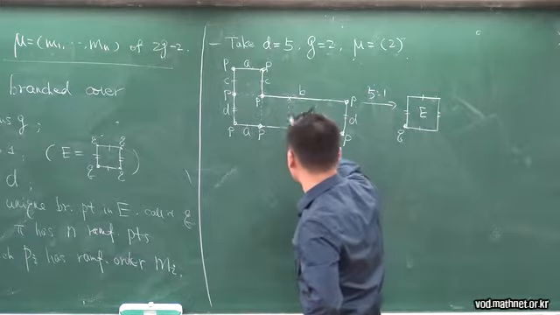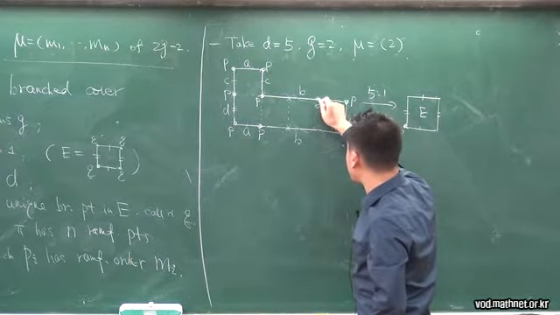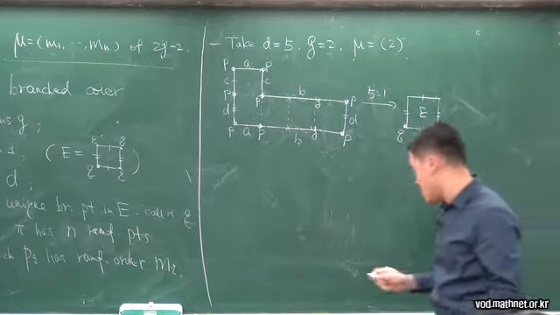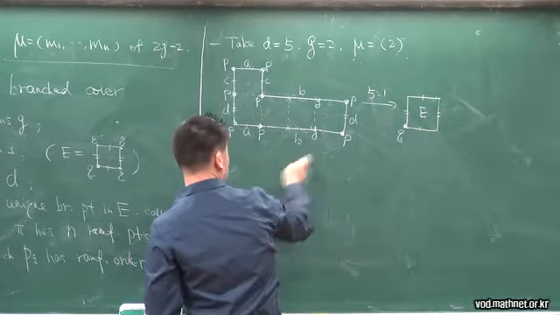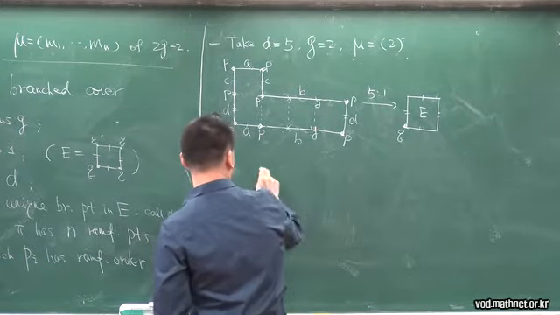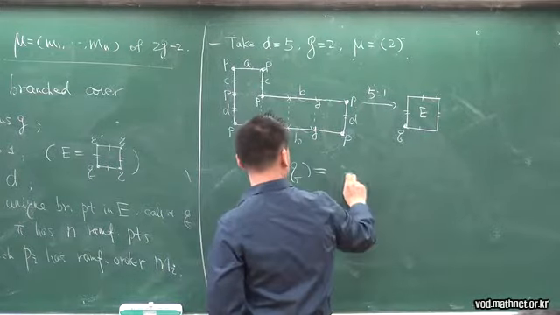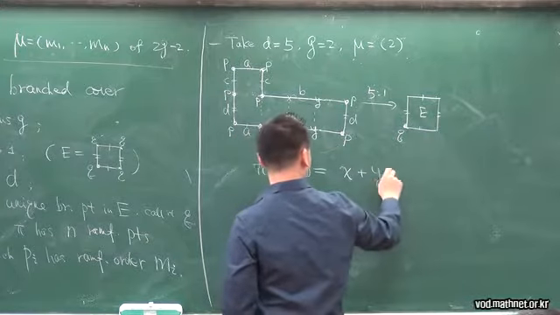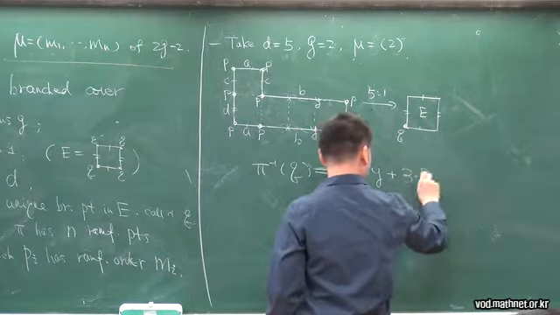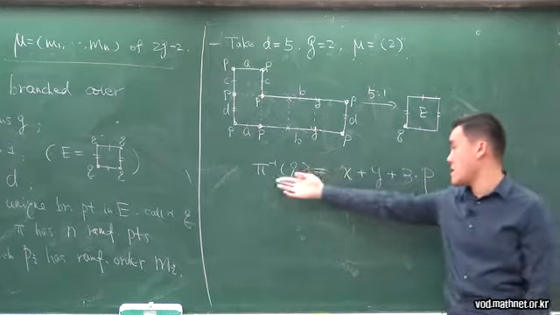Let's mark this point by X, and the other 2 points, let's mark it by Y here, and this point is Y. Now, I claim if you look at the pre-image of Q, counting with multiplicity of the branched cover, you get X plus Y plus 3 copies of P. Again, the way to see it, pi is of degree 5.